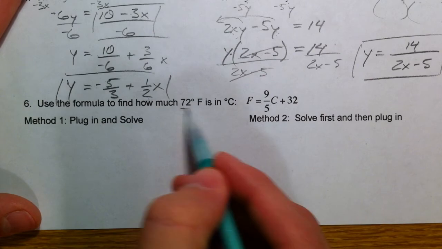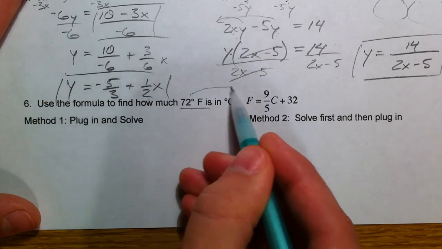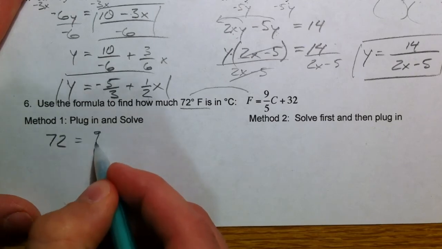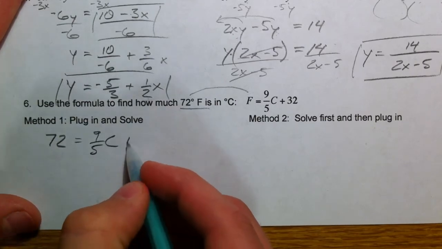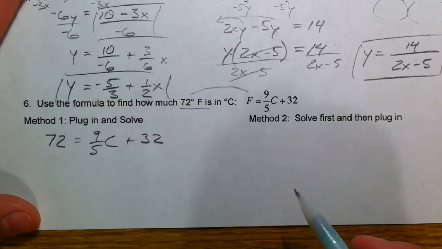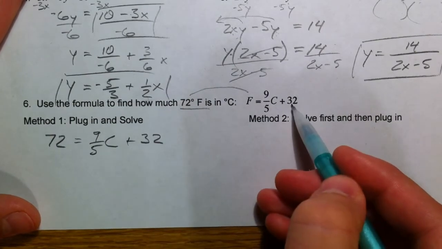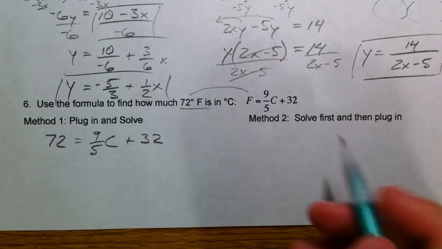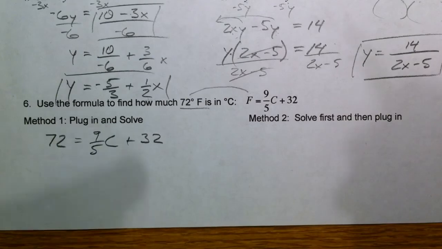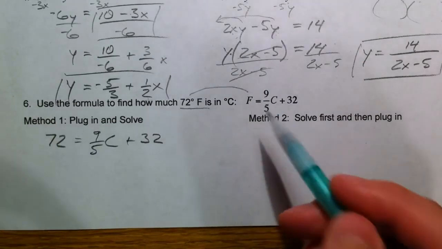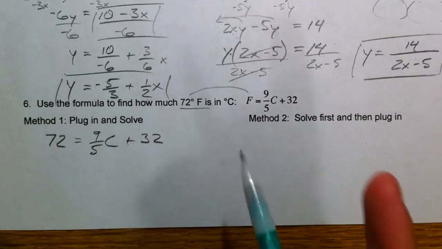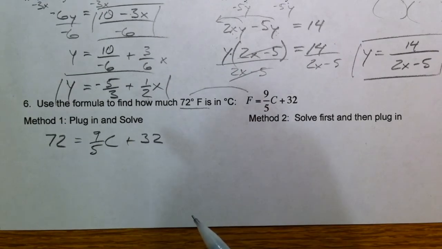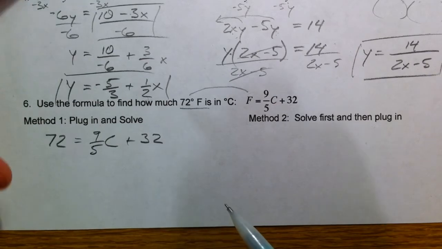And if we knew 72 degrees Fahrenheit, let's plug it in for F. 72 equals 9/5 C plus 32. So notice the 32 is what brings it back to 0, right? Freezing in Fahrenheit is 32, where freezing in Celsius is 0. And then the 9/5 is almost off by a scale factor of 2, and so Fahrenheit degrees are smaller than Celsius degrees.